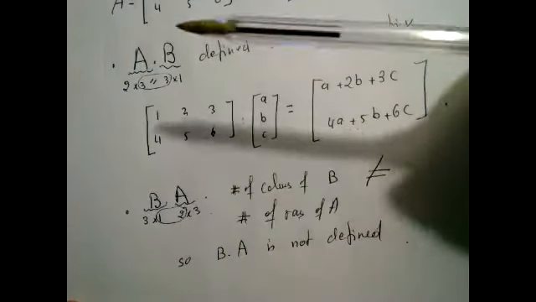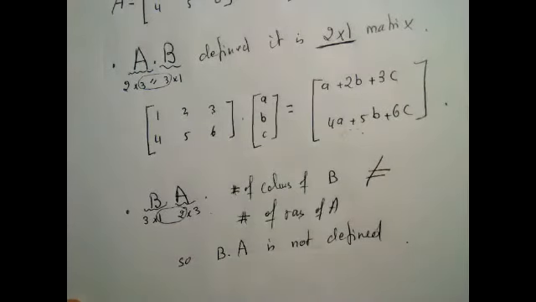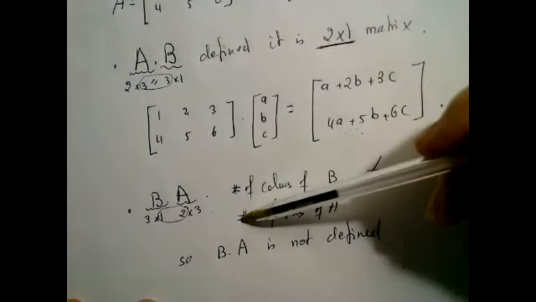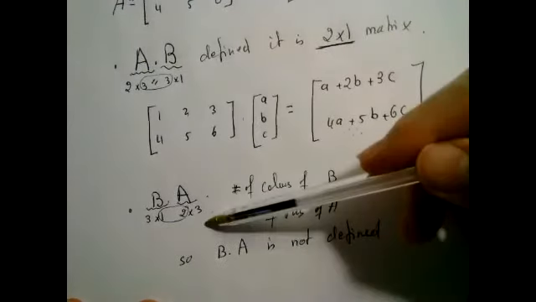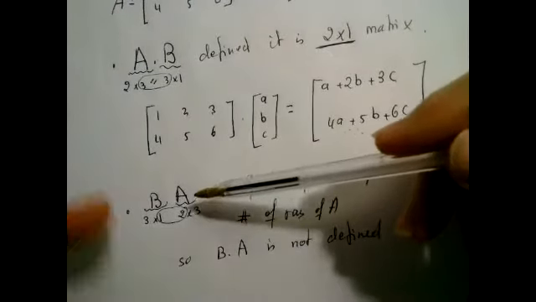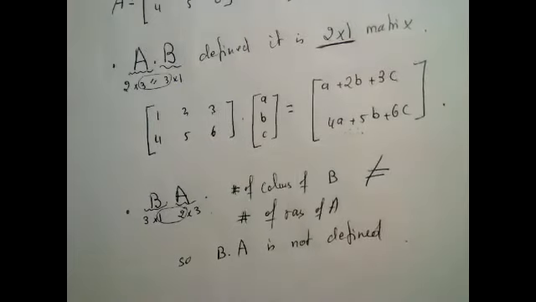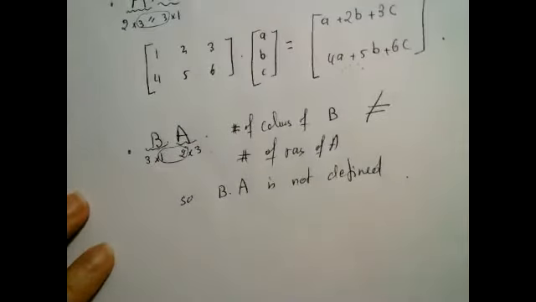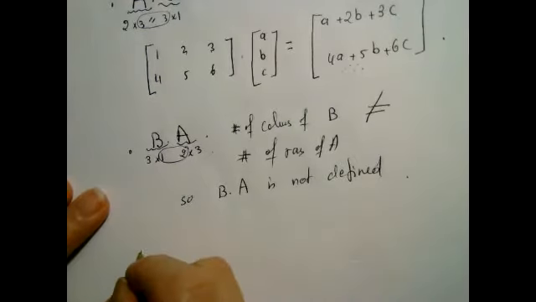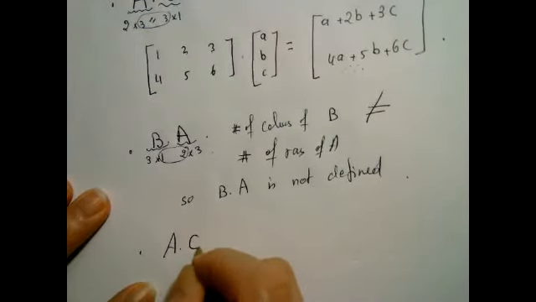As I said, in a sum, A plus B and B plus A are the same thing, but multiplication definitely doesn't carry this property over. One could be defined and the other not. Changing the order can create a matrix that's not defined at all. So the order in which we multiply is absolutely crucial for matrices. Okay, let's try one more and then we change.